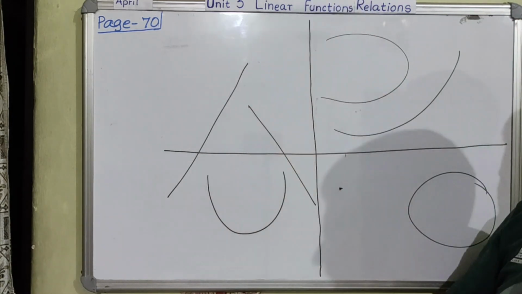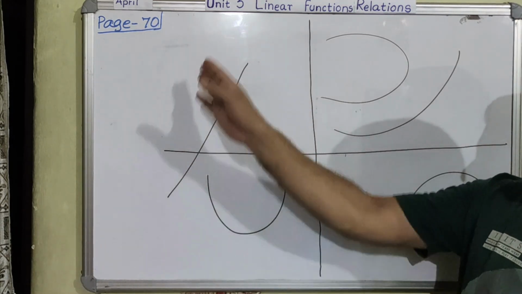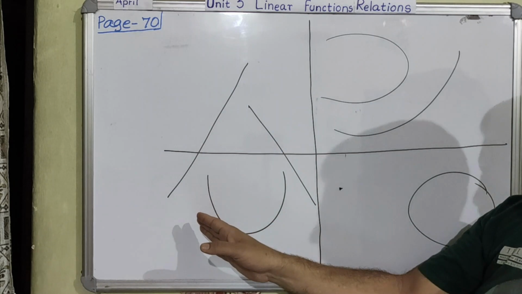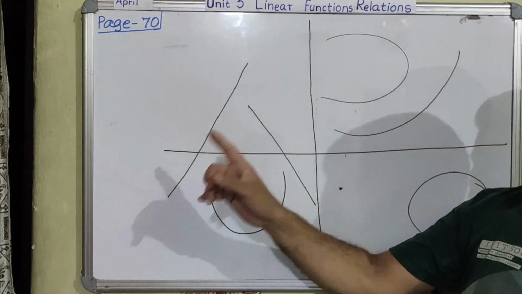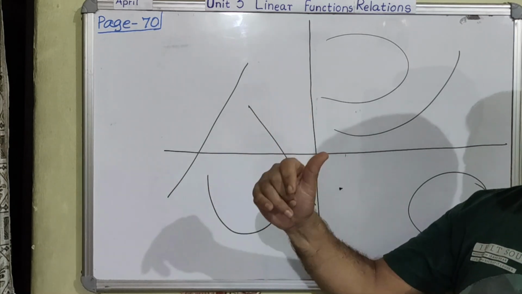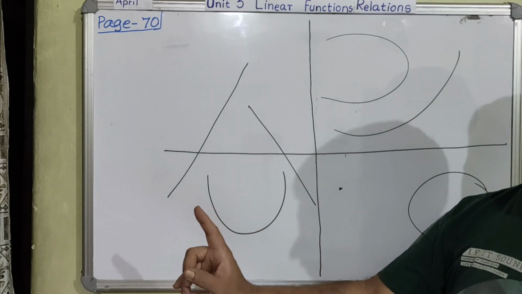You draw a perpendicular line, right? If you want to know whether this is a function or not, you can simply draw a vertical line. Clear? If that vertical line cuts the graph at one and only one point, this indicates that this relation is a function.